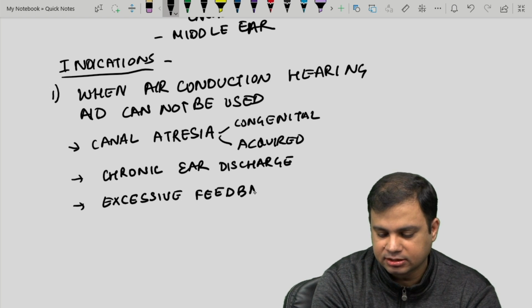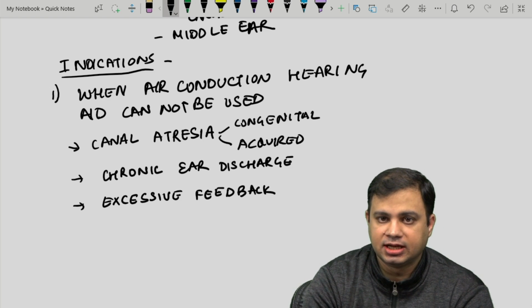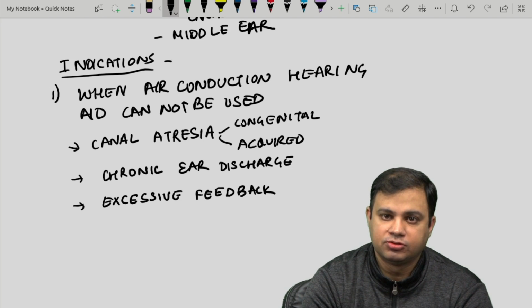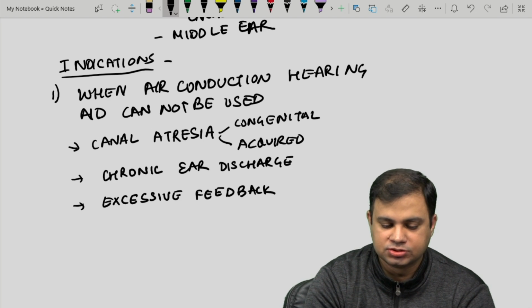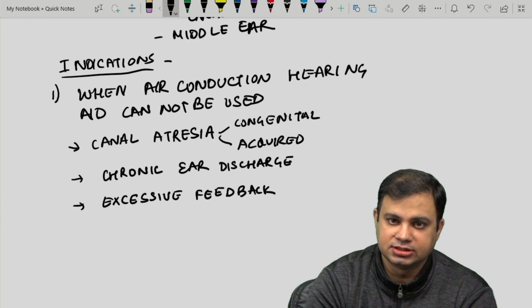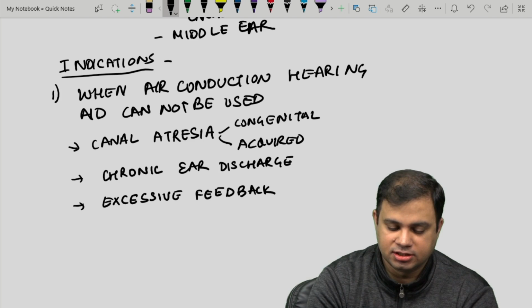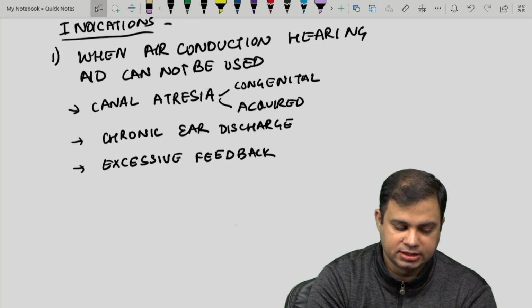Now, feedback occurs, suppose if we have done a modified radical mastoidectomy and there is a large external auditory canal. So, the sound will leak from the microphone to the speech processor and there will be excessive feedback. So, we cannot use an air conduction hearing aid in such ears with large cavities and a large external auditory canal.